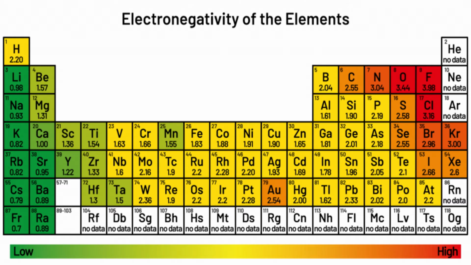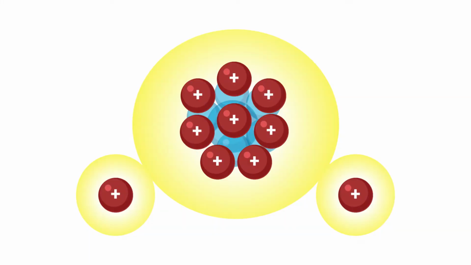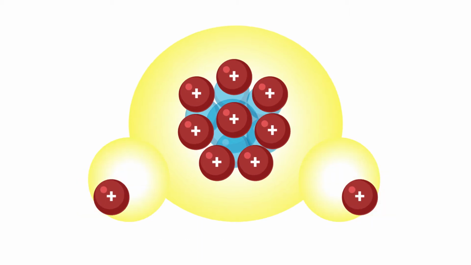When we look at our periodic table, we see that hydrogen is much less electronegative than oxygen. That means instead of sharing electrons evenly like this, they are shared unevenly, more like this.